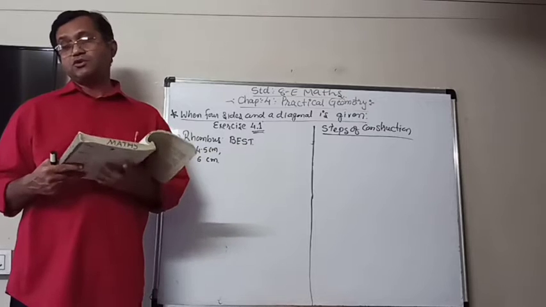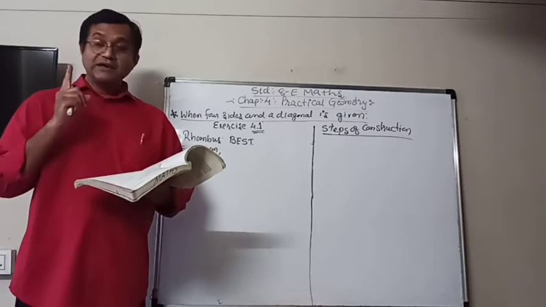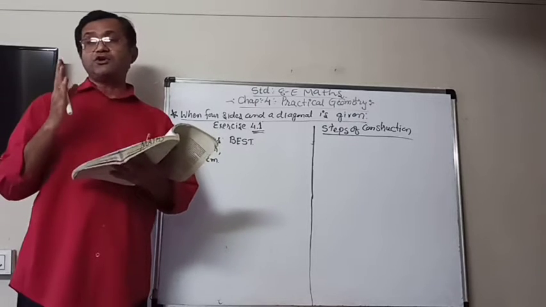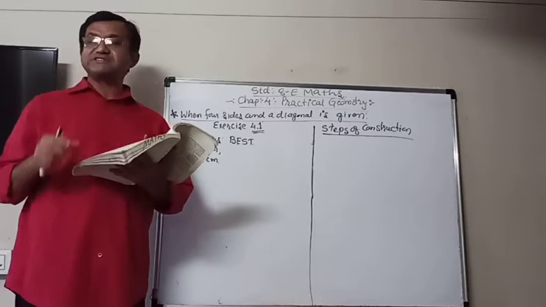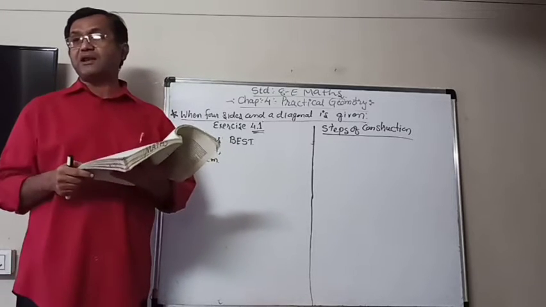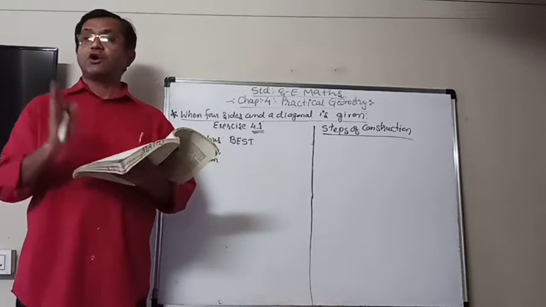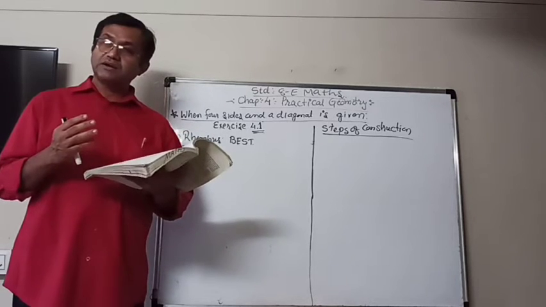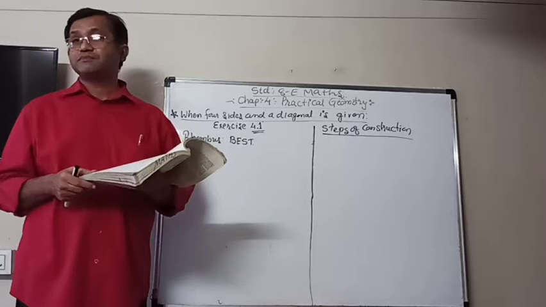So that one you can do for yourself. In the third one there is a parallelogram. And you know that in a parallelogram the opposite sides are the same. So here only 2 sides and a diagonal are given, but you know that the opposite sides are equal. So according to that you can construct yourself.